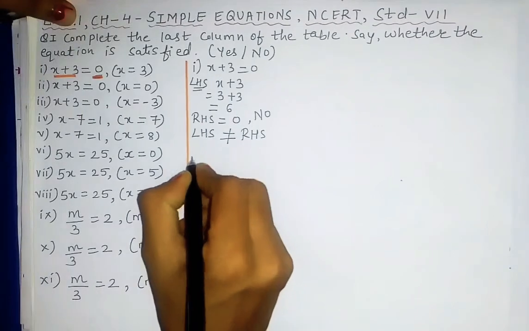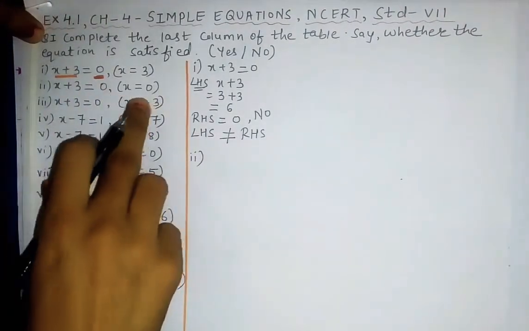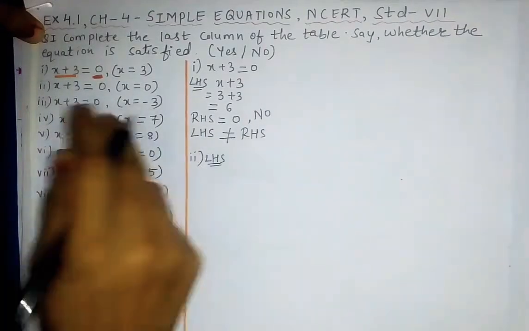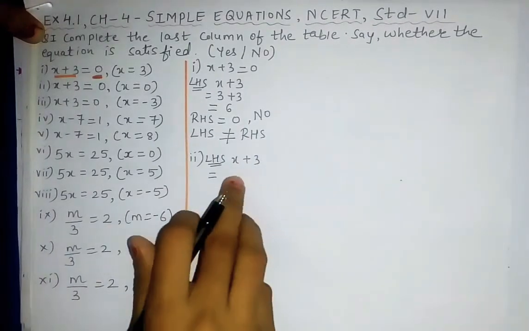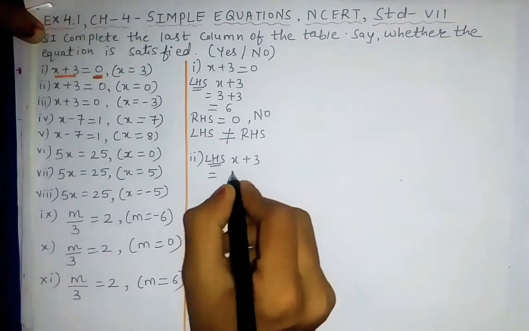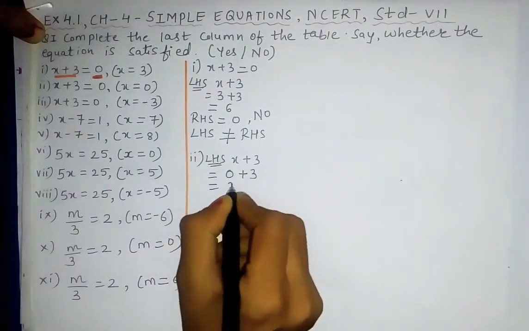Now second one, again x plus 3 equal to 0 and the value of x is given 0. So again we will write first the LHS part. LHS is x plus 3. Now we will keep the value of the variable, it is given 0. In place of x what will we put? 0. So 0 plus 3 will be 3.